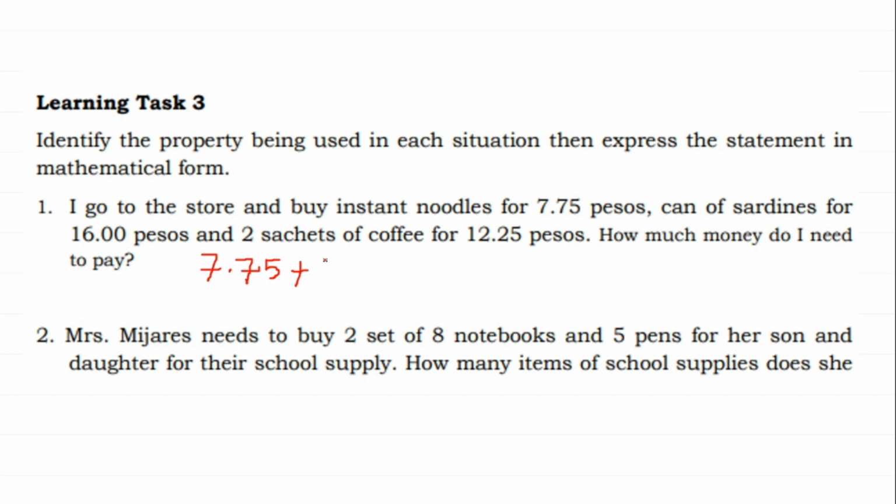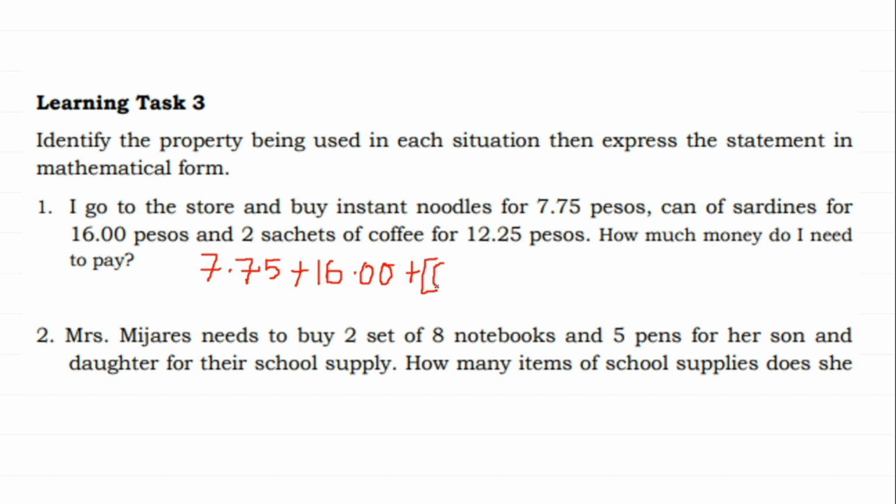So, i-add natin si 16 pesos para malaman natin kung magkano ang kanyang babayaran. And then, after that, we need to add this to what? 2 sachet of coffee for 12.25 pesos. So, ibig sabihin, dalawang sachet ng coffee and then 12.25 yung isa. So, therefore, kailangan nating i-group si multiplication ito.